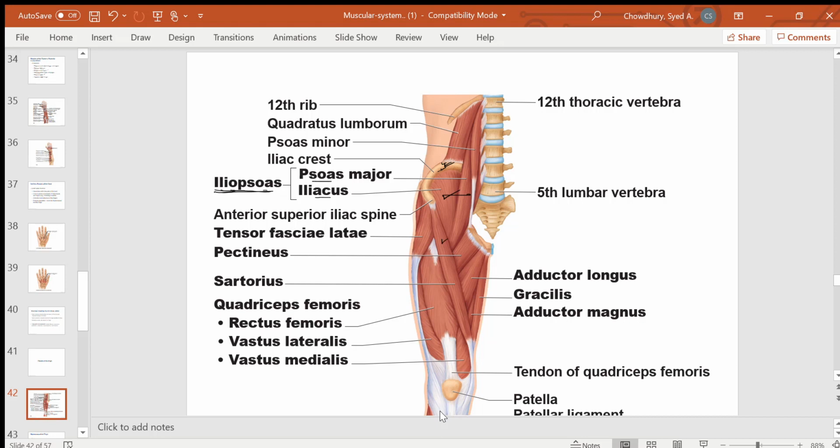This is a long muscle, crosses from the lateral side through the front of the thigh to the medial side. So it crosses the thigh from lateral side to the medial side, and this is called the sartorius muscle.